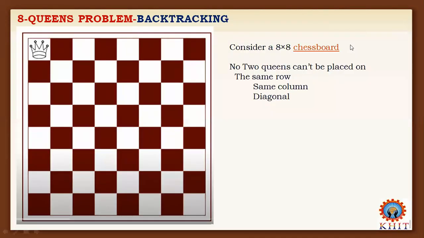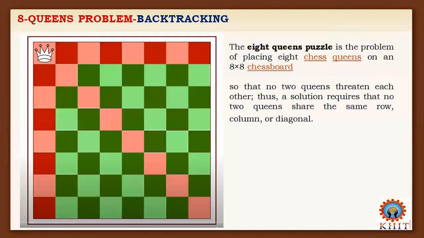Students, so this is the 8 by 8 chessboard. Now I am placing the first queen on the topmost corner. When I place the first queen here, that indicates that I cannot place the next queen in the same row, which is highlighted in red color.